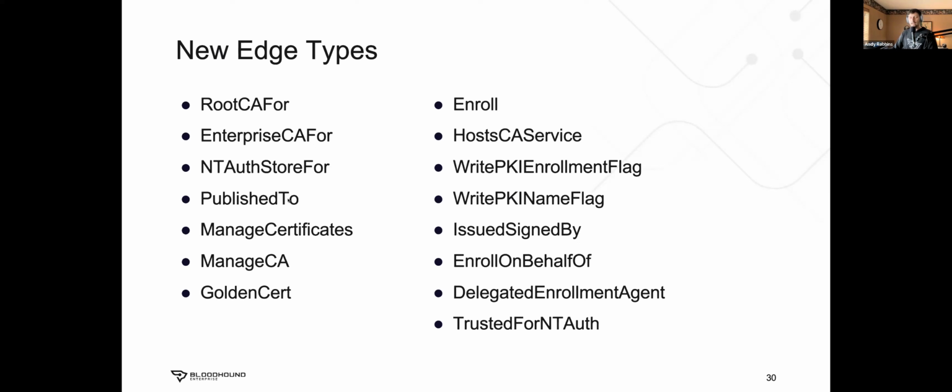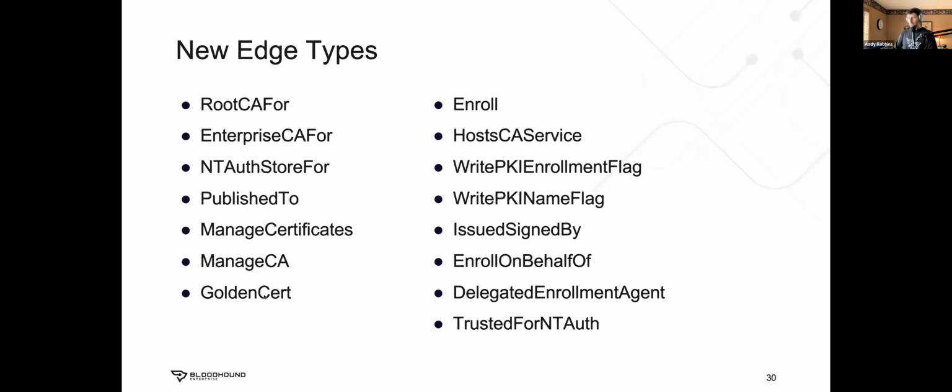Published 2 connects cert templates to their enterprise CA nodes to establish the relationship of a template being published to or being enabled by a particular CA. Managed certificates comes from the security descriptor on the CA on the host hosting the CA and is the managed certificates privilege. Same thing with managed CA. This also comes from that same object.